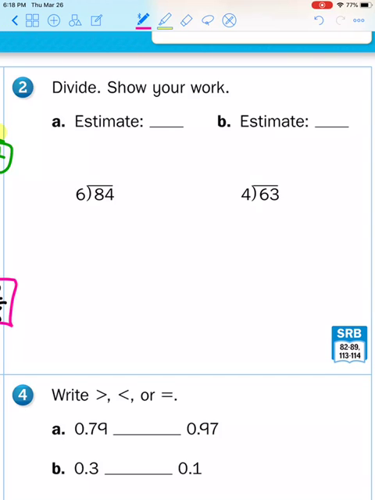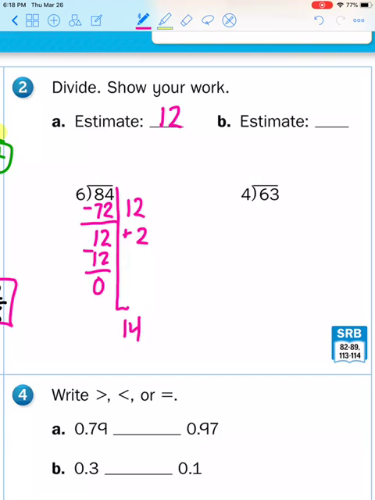So I think 12 gets us close to that 84. And then I could solve this using partial products. If I did 6 times 12, which is 72, and I do 84 minus 72 equals 12, and I know 6 times 2 equals 12. So I have no remainder, and my answer is 14.